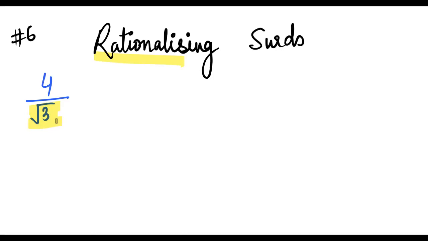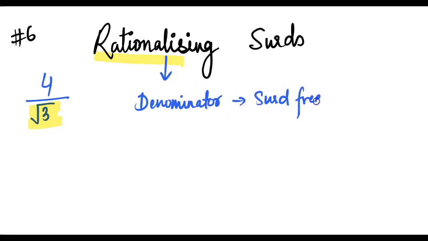We want the denominator to be surd free. So rationalizing means the denominator should be surd free. Only the denominator. If your numerator, the top number, has a surd, it doesn't matter. We just want our denominator to be surd free.